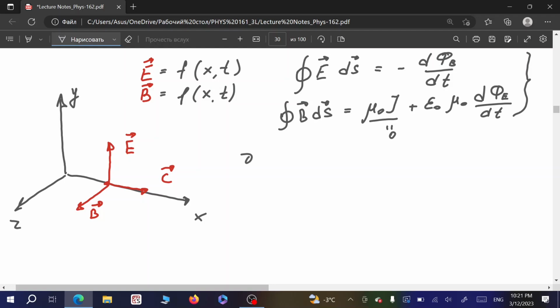So we have the second partial derivative of electric field over position x, partial because we have two variables, x and t, which will be equal to mu naught times epsilon naught times the second partial derivative of electric field over time.